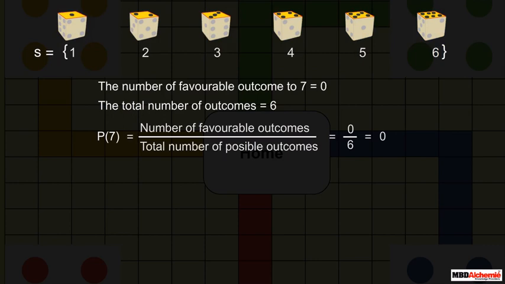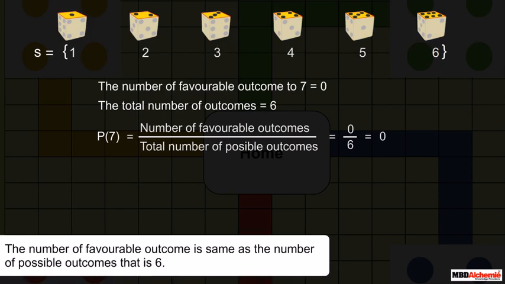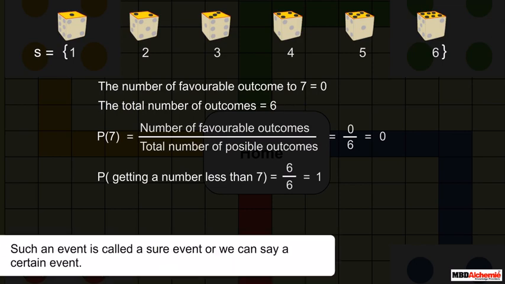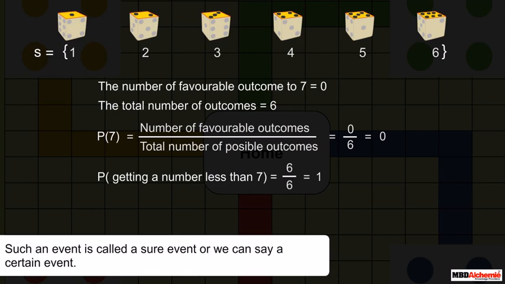If you notice here, the number of favorable outcomes is the same as the number of possible outcomes, that is 6. Then the probability of getting a number less than 7 is 6 upon 6, that is 1. The probability of an event which is sure to occur is 1. Such an event is called a sure event, or we can say a certain event.